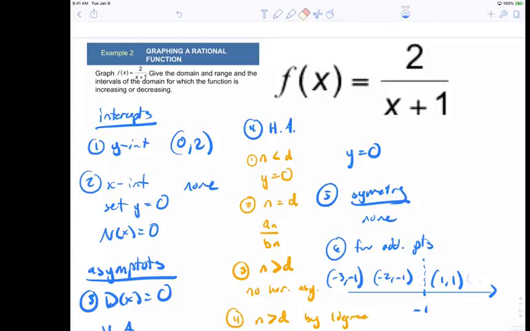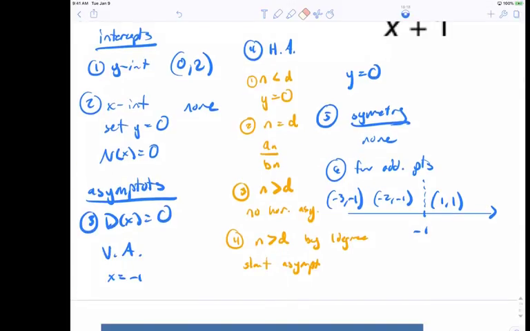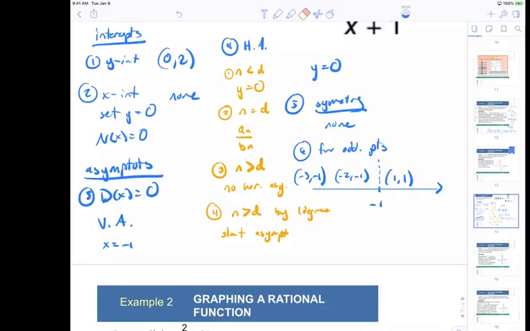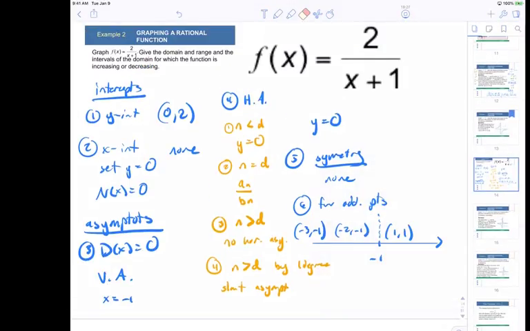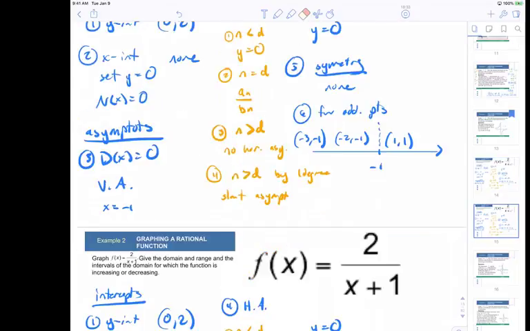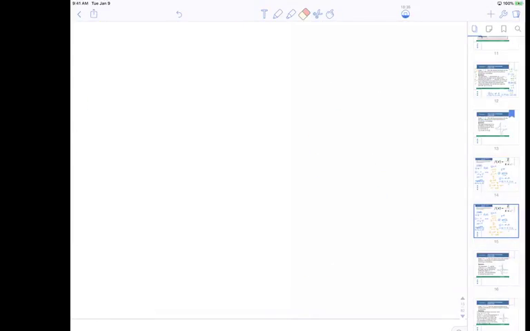So now this is all the information. Then we just put all this on a graph, right? If we go about 5 in all directions, we can capture all of this. Let's go like 6 in all directions. Let's copy and paste. Clear.